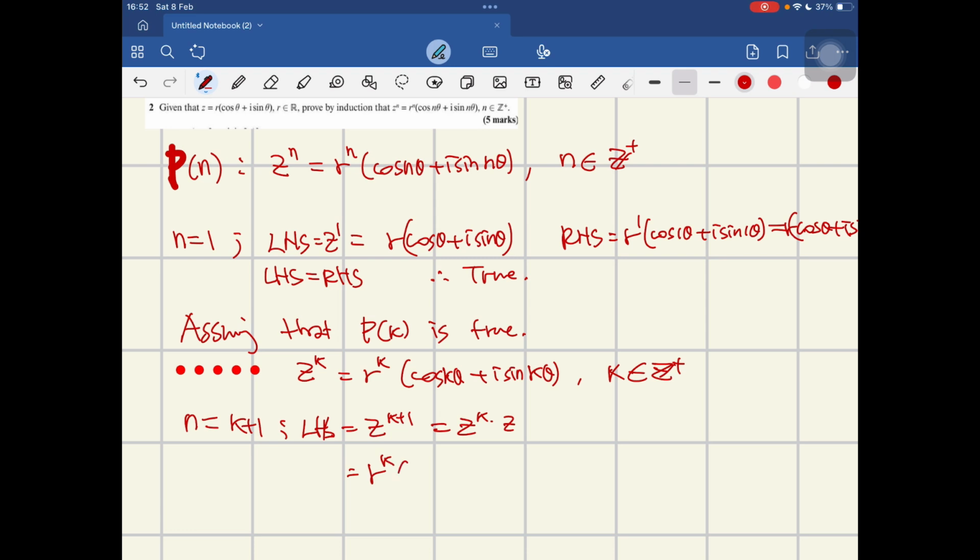That is r to the power of k (cos k theta plus i sin k theta) times r (cos theta plus i sin theta).